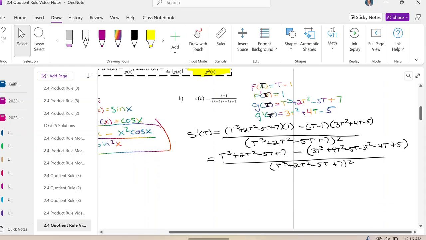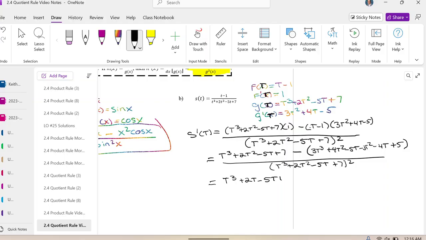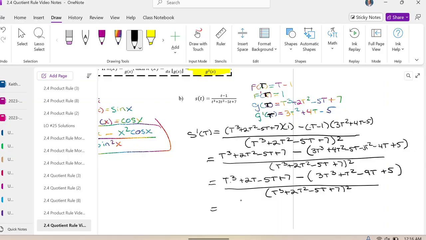So now you combine like terms first, before we can combine the two sides. When you combine like terms here, you get 3t to the third plus t squared minus 9t plus 5. Then you can subtract, and you get t to the third minus 3t to the third, that's negative 2t to the third.